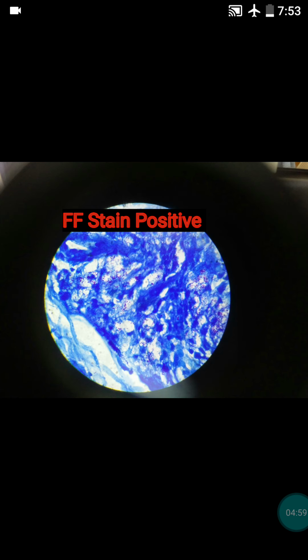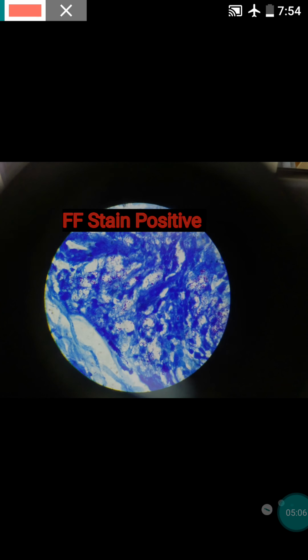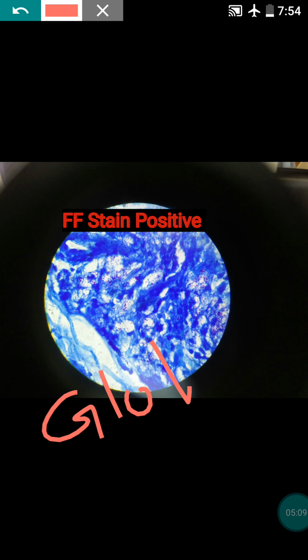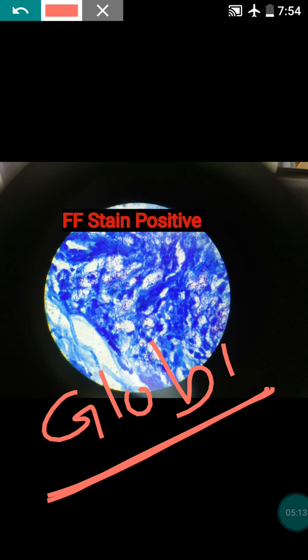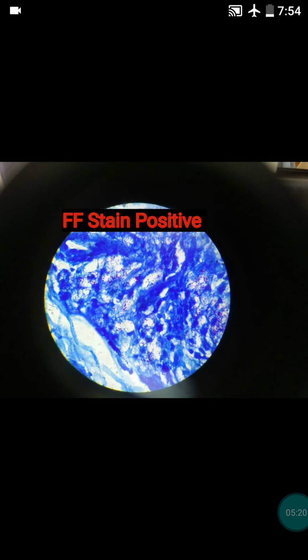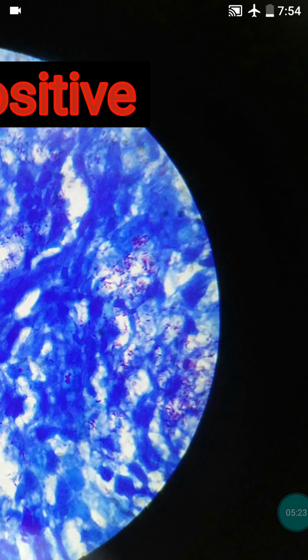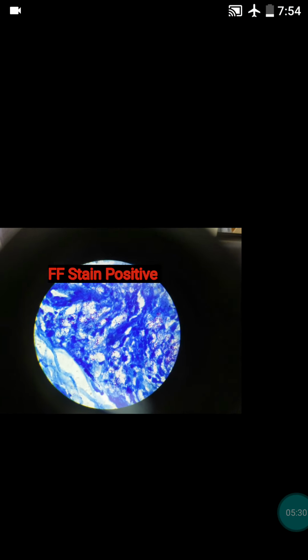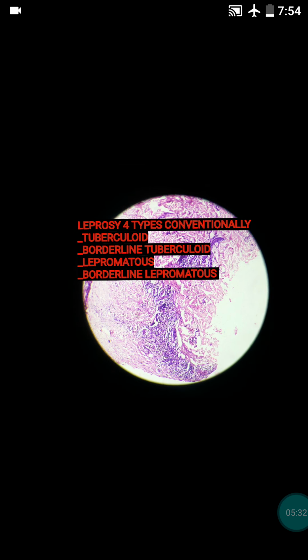In that case, the focal collection of abundant leprae bacilli in the macrophage cytoplasm is known by a different name, globi. A macrophage distended by many leprae bacilli is called globi. It is a collection of leprae bacilli. Here you can see the globi focal collection. So that is regarding leprosy.